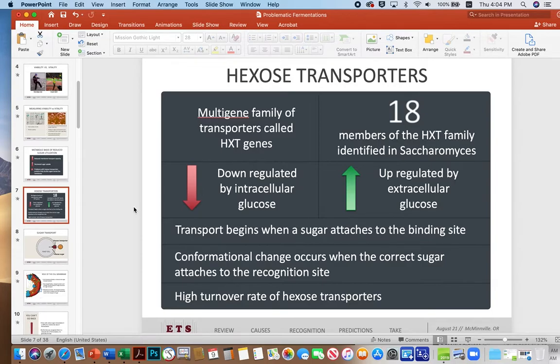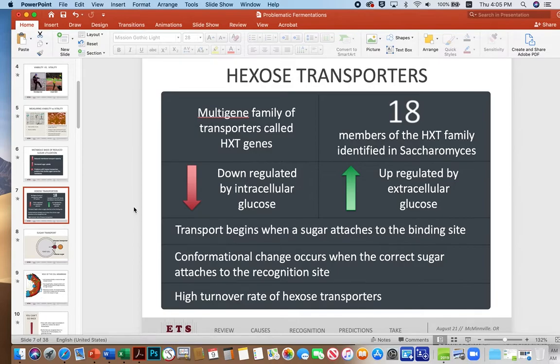They're typically downregulated by intracellular glucose, so that should make sense, right? If the cell is flush with glucose on the inside, then they don't need more transporters, and so they may shut some of them down so that they're not working, or they may also stop gene regulation to produce more of them. But they're also upregulated by extracellular glucose.